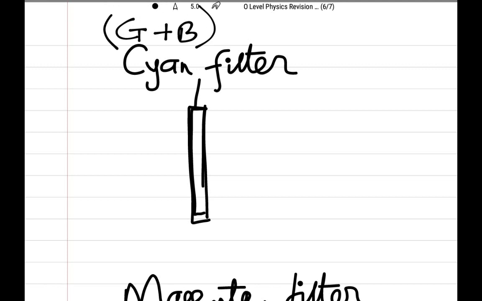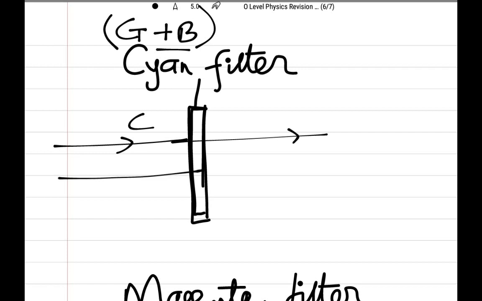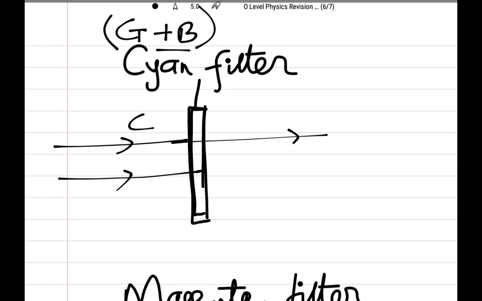So a cyan filter will allow cyan; if cyan comes, it will be transmitted. Please don't say reflected. We talk about absorption or transmission, not reflection. Then what if green light comes?